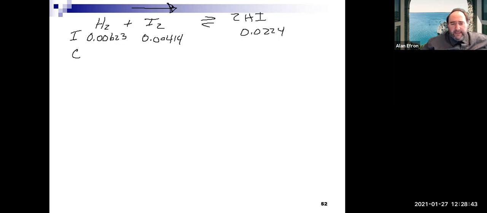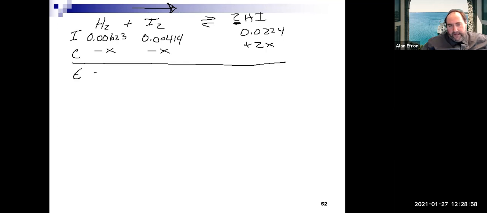Like we've been doing, it's going to be minuses on our reactant side, and plus on our product side. And again, we want to make sure we get that 2 in there for the coefficient. We'll bring everybody down here, and we get 0.00623 minus x, 0.00414 minus x, and 0.0224 plus 2x.